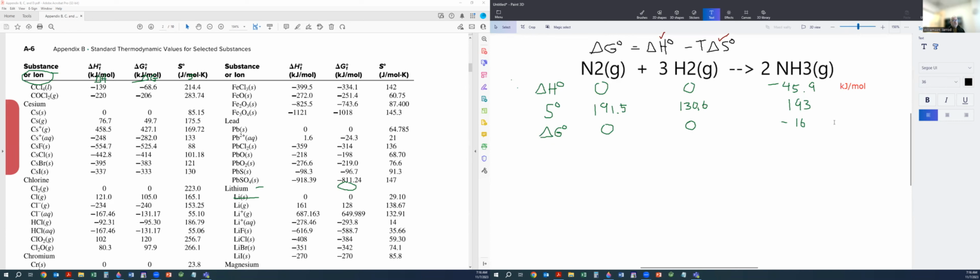Delta G is kilojoules per mole. And entropy is joules per mole Kelvin.